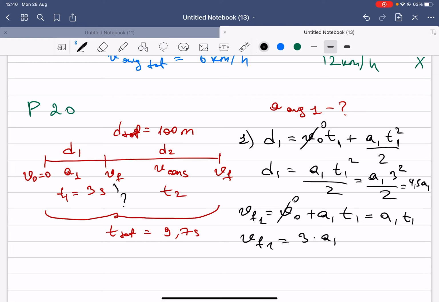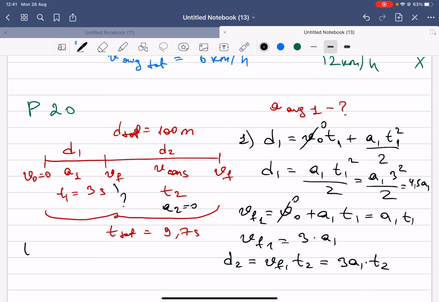We know that the rest of it, the d2 length, was covered with constant speed. If it's covered with constant speed, we know that acceleration 2 is equal to 0 here, so it will move with constant speed, correct? Therefore d2 is equal to v final 1 multiplied by t2. Our v final 1 was equal to 3a1, times time 2. So how can we find time 2?